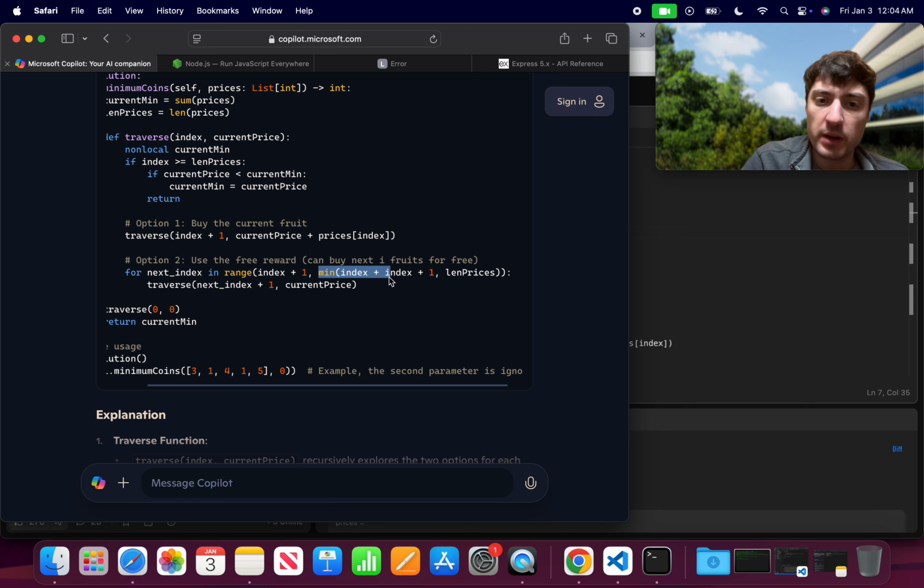We stop at the minimum. Okay, so we're taking the minimum of what? Index plus i.